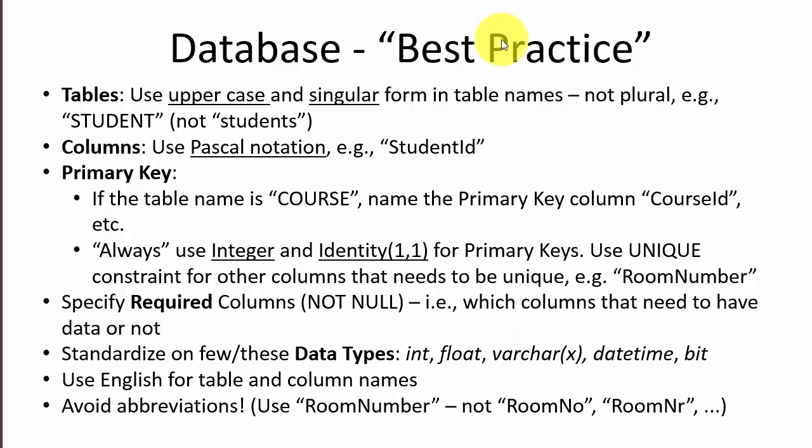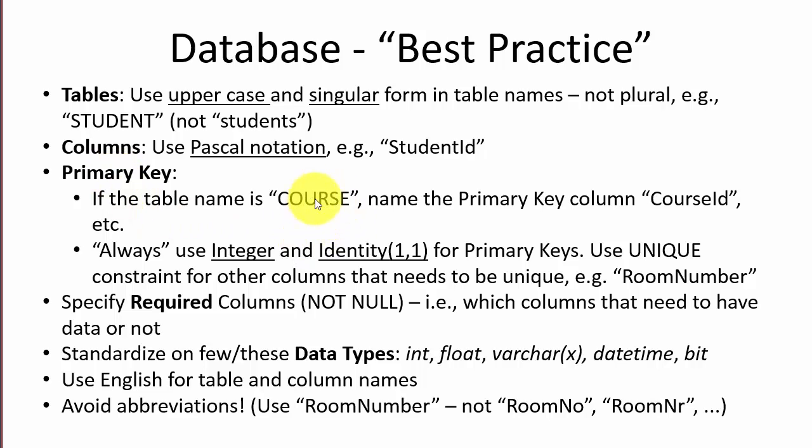Here are some best practices regarding database design. In general, the name of the tables should be in uppercase, and you should use a singular form. For instance, student and not students. For columns, you should typically use Pascal notation like this, student ID. And each table needs a primary key.